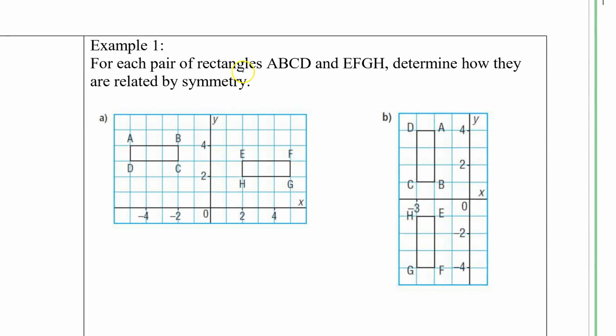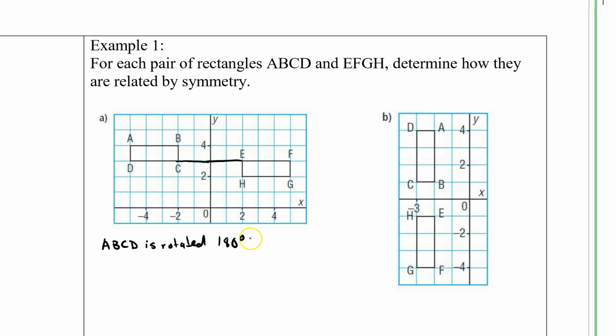For each pair of rectangles, A, B, C, D, and E, F, G, H, determine how they are related by symmetry. So with A, what I would say is two options. If I were to pretend that this was like a flag, and I would draw like this, what I would say is that rectangle A, B, C, D is rotated 180 degrees. Now it doesn't matter if it's clockwise or counterclockwise because it's the same thing, it's just a line.